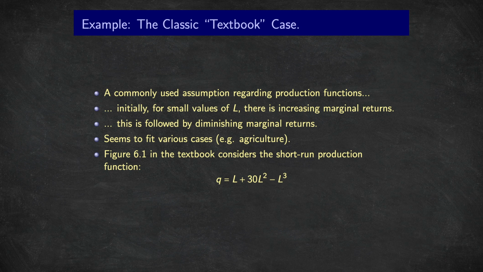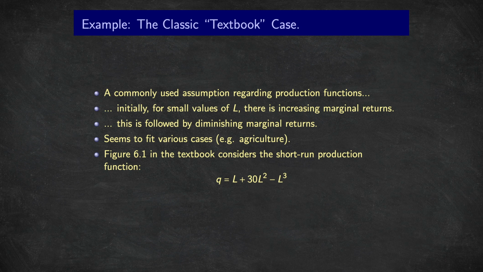Eventually, as we employ more and more people, perhaps they begin to get in each other's way. So each person, though helping and increasing output, is doing so at a diminishing rate eventually. So this is kind of an old story that seems to fit the agricultural type of example.